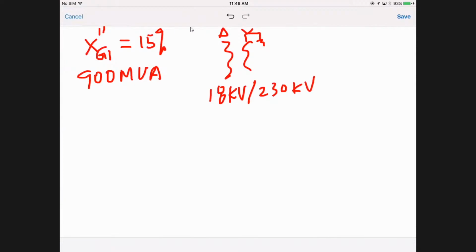First, I want to make this into real units because I have to set my relay. So what should I do?